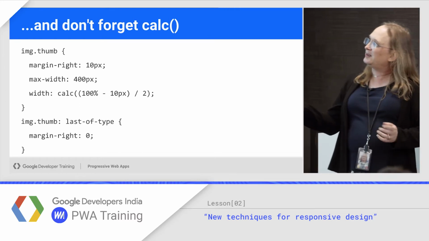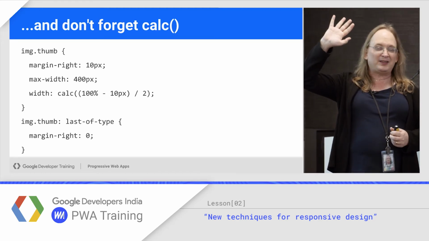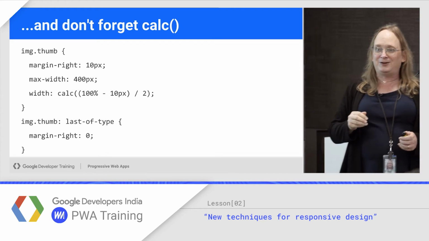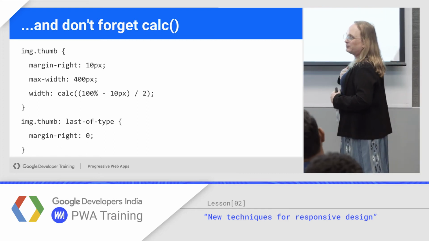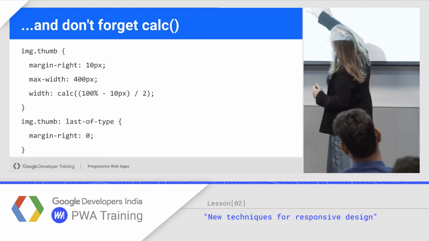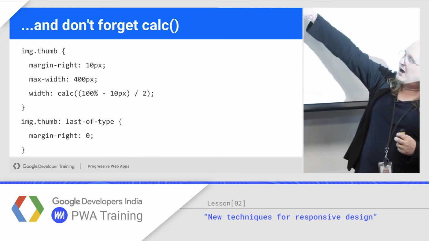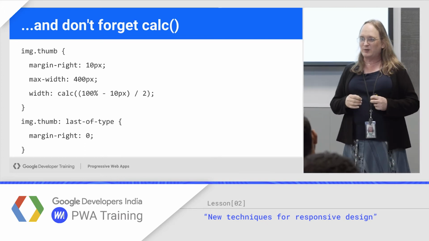And don't forget calc. Calc is another one. How many people have used calc in CSS? How many people think that calc is slow? It was. It used to be horrible. But the browsers have all gotten really fast. So in this case, I don't have to use something like Sass and calculate a fixed grid size when I start.